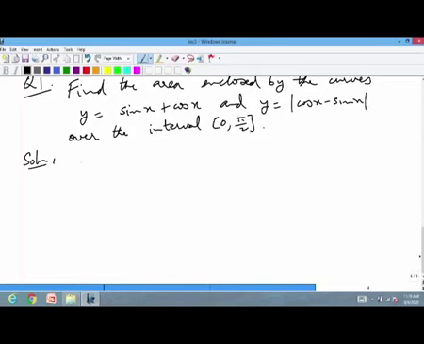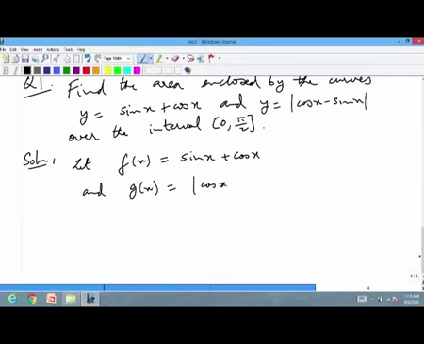So, let f x denote the first function sin x plus cos x and g x is mod cos x minus sin x for x belonging to 0 to pi by 2.